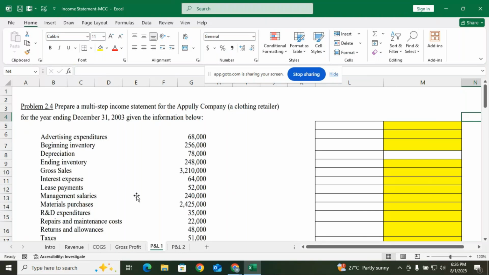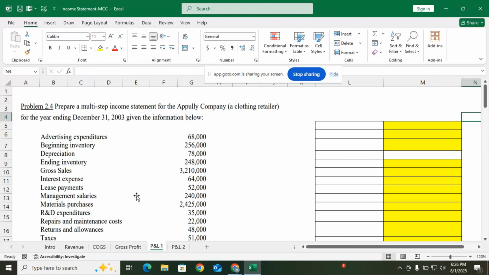So how do you generate the income statement? So let's start with this.